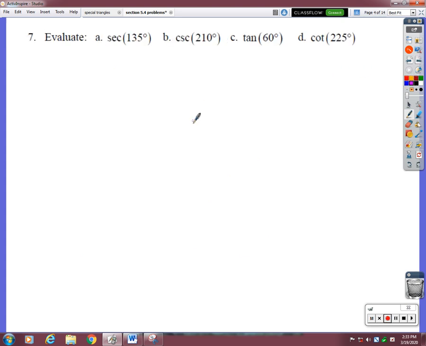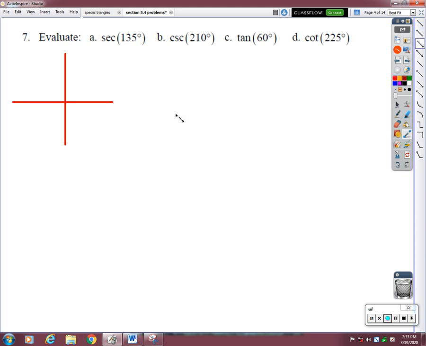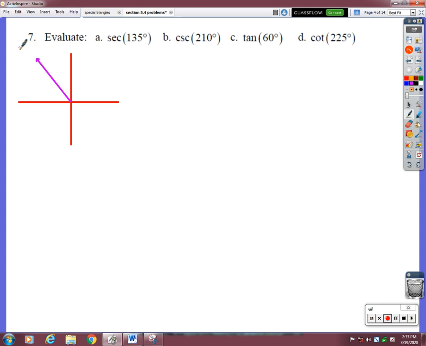Alright, moving forward. Ooh, this looks gross. Alright, secant of 135 degrees. So, okay, there's 0, there's 90, and then I've got to go another 45 there. So I'm going to kind of not draw the triangle. We know this is an isosceles right triangle, so the x coordinate is going to be negative 1, the y coordinate is going to be 1.